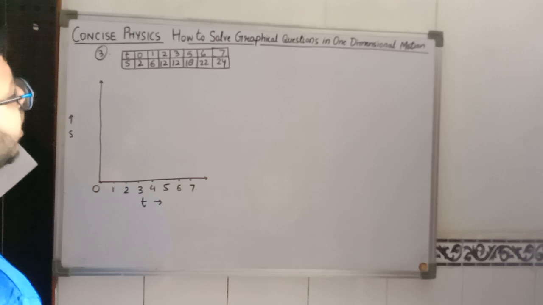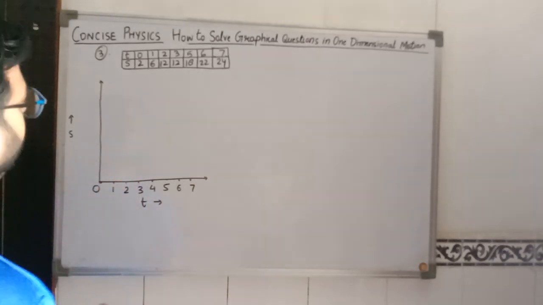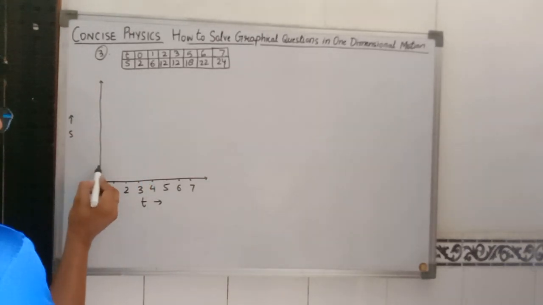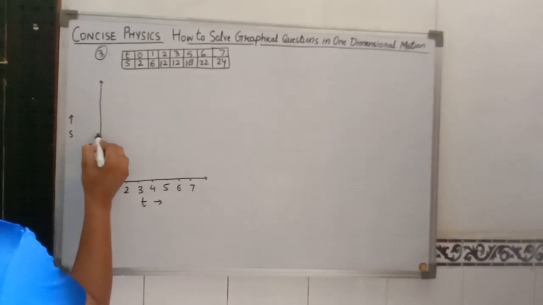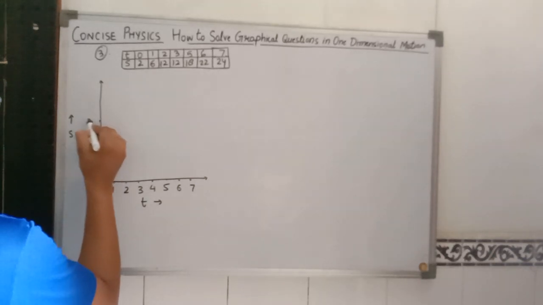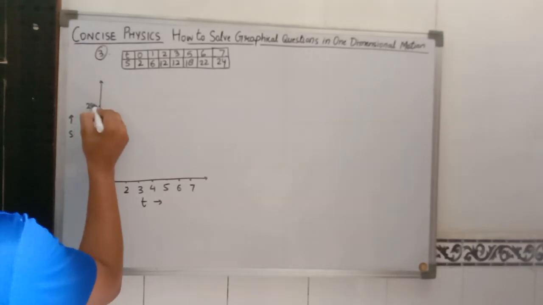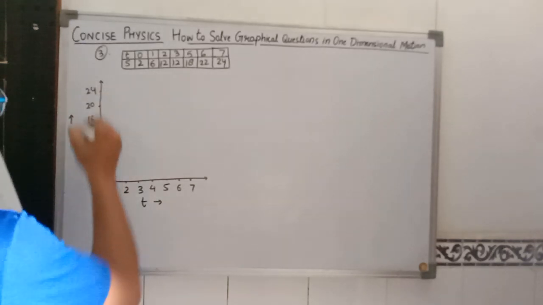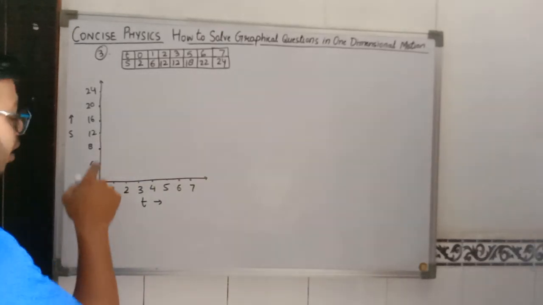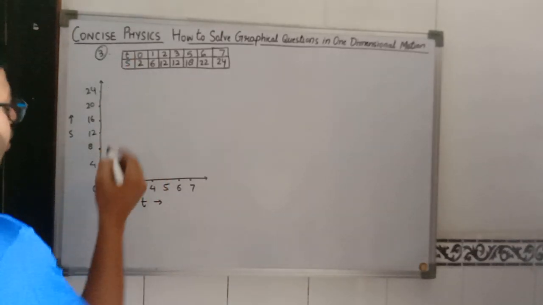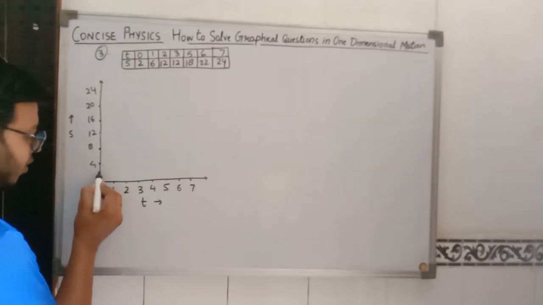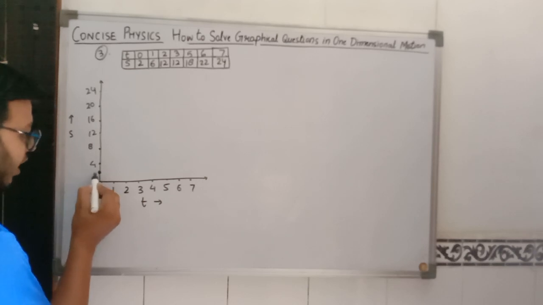The displacement values are in multiples of 2, but if we want to make the graph small, we take multiples of 4: 4, 8, 12, 16, 20 and 24. We have taken intervals of 4. The first point is 0 and 2. So 2 will be here and 0 will be here. So the first point of the graph lies here.